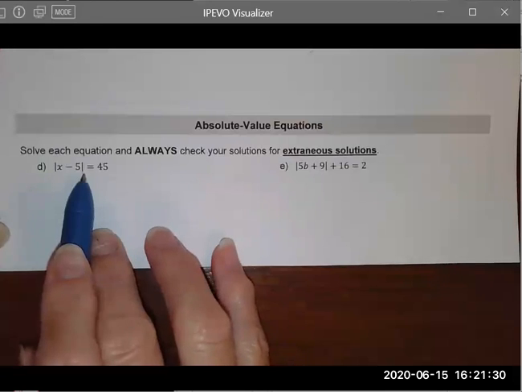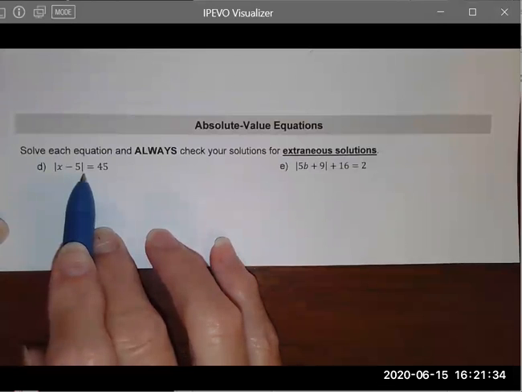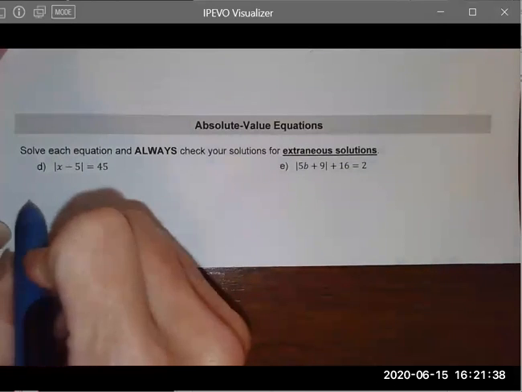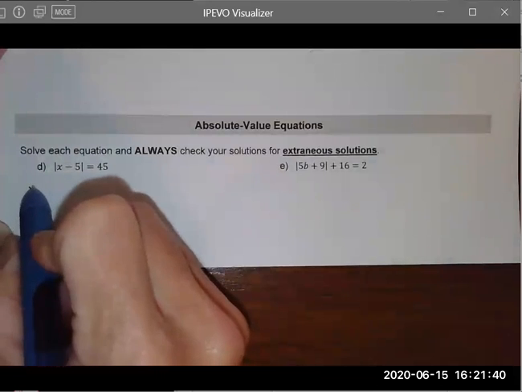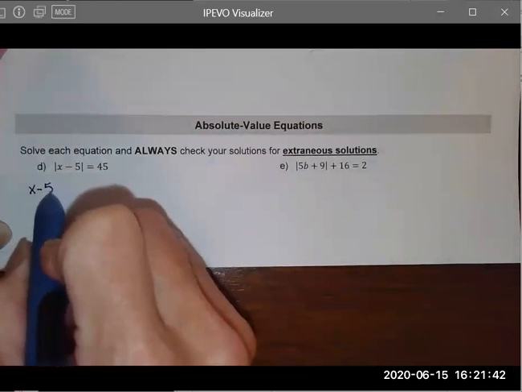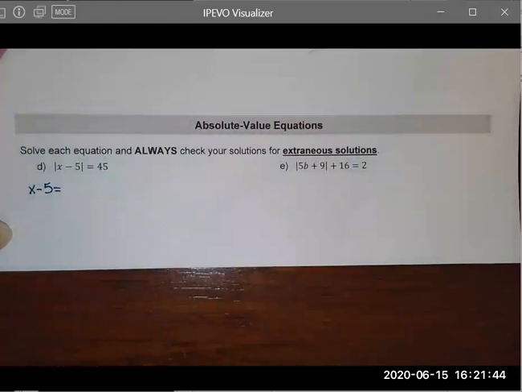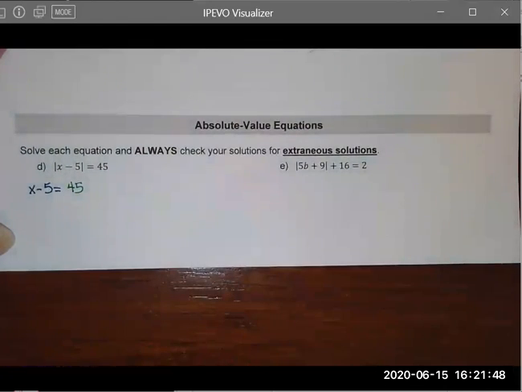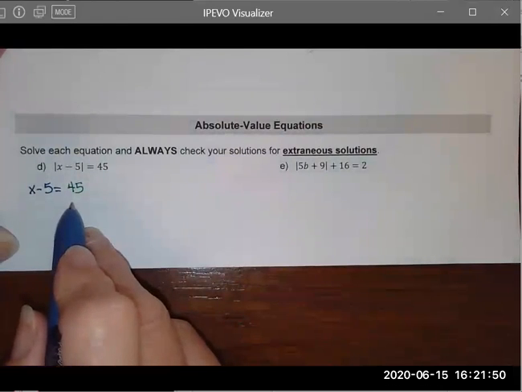So we don't have any of that isolating to do. The second thing we're going to do is set up 2 cases. Case 1 is the positive case. And when we set up our 2 cases, we are going to drop the absolute value bars. The first case is the positive case. It could be the negative as well. I'm just going to do the positive one first.